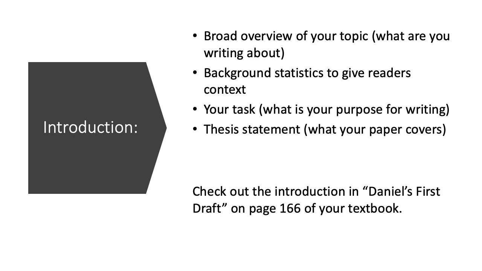We just know that when we start reading your paper, we expect to find some common information at the very beginning of it. So even though I am the audience for your paper and I know all about what you're writing about, you still need to give some background, some context to kind of ease into this. So start off with a broad overview of your topic.